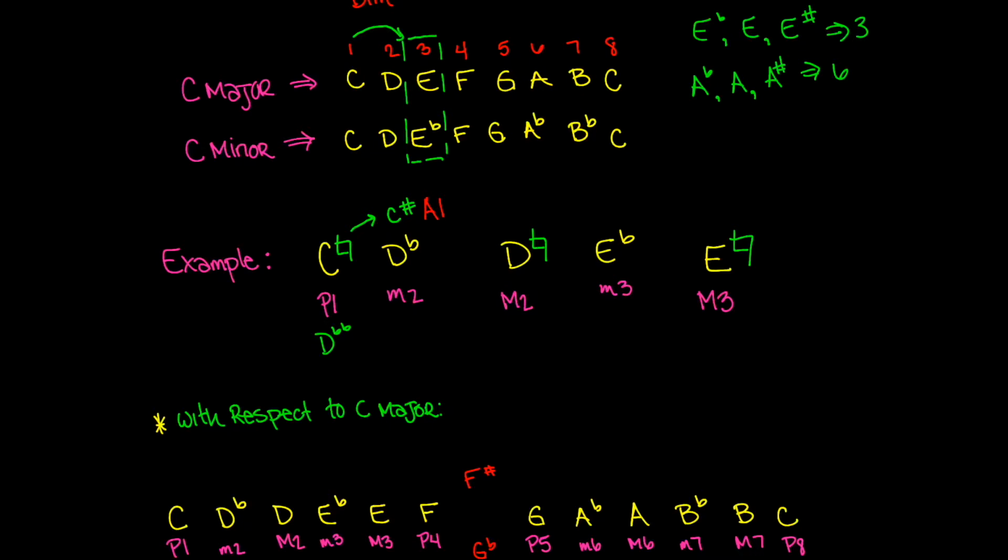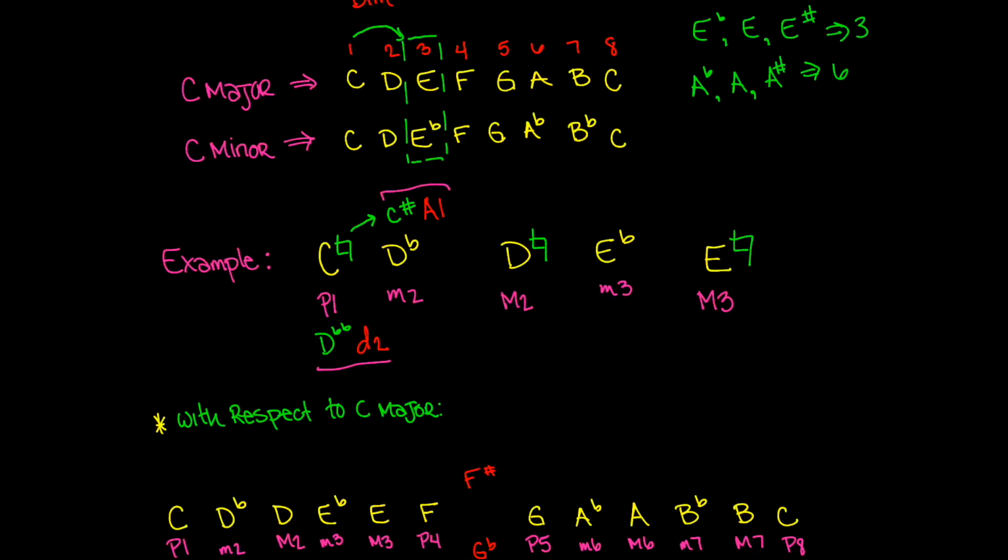So that's going to be a diminished second. And hopefully you see why, because D something is the second degree, and I'm making it smaller, so it has to be a diminished second. This is a diminished second. This is an augmented 1.